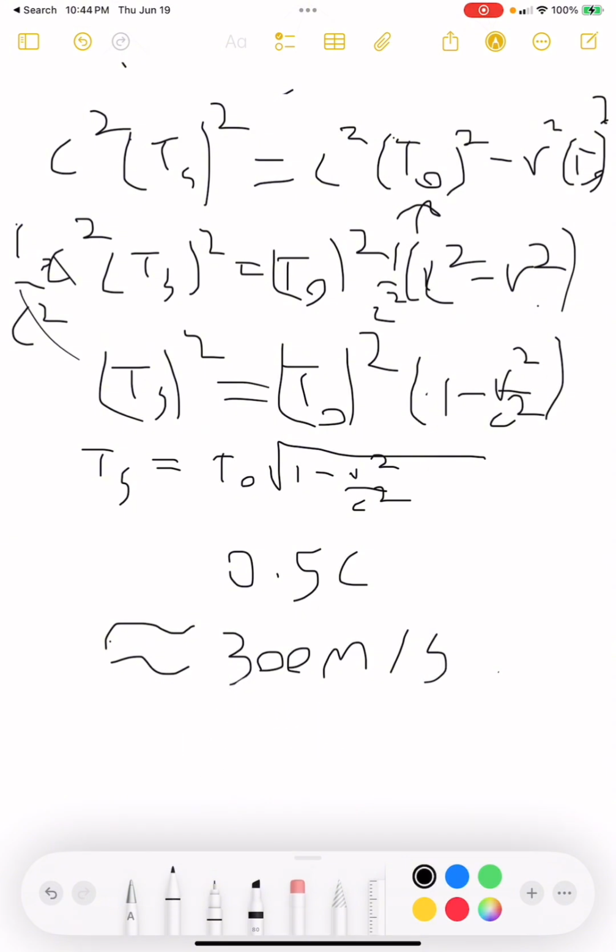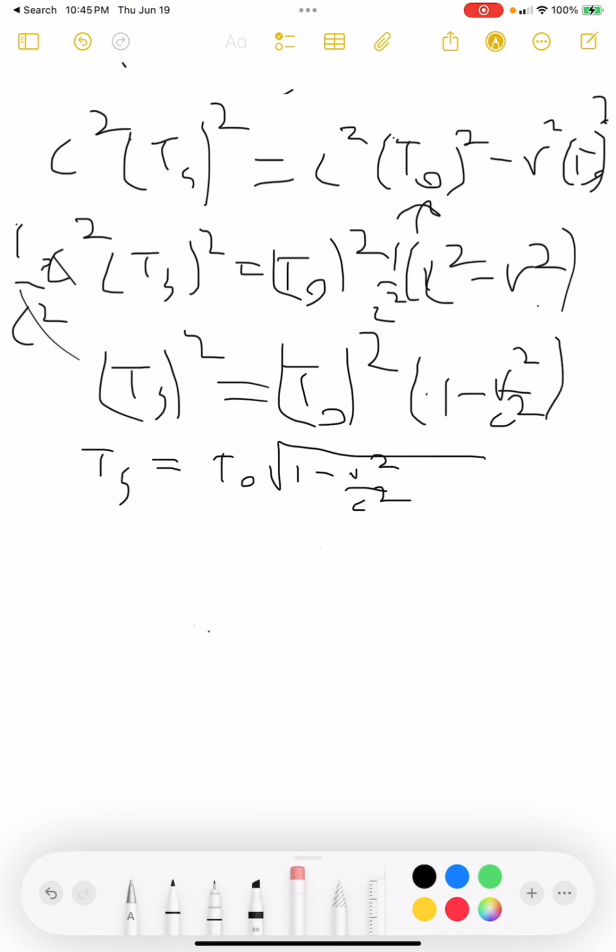So if we use this as our approximation for the speed of light, half of the speed of light will be 150 million meters per second.